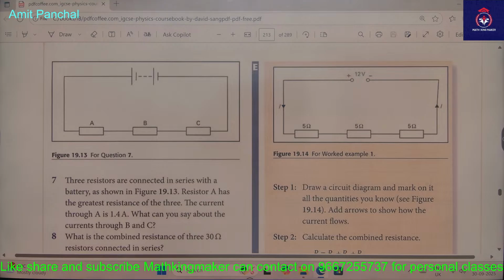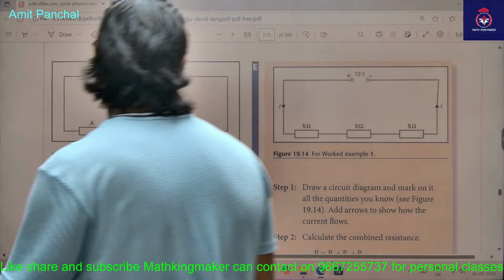It is the same, so 1.4. Current will be the same as they are connected in series.